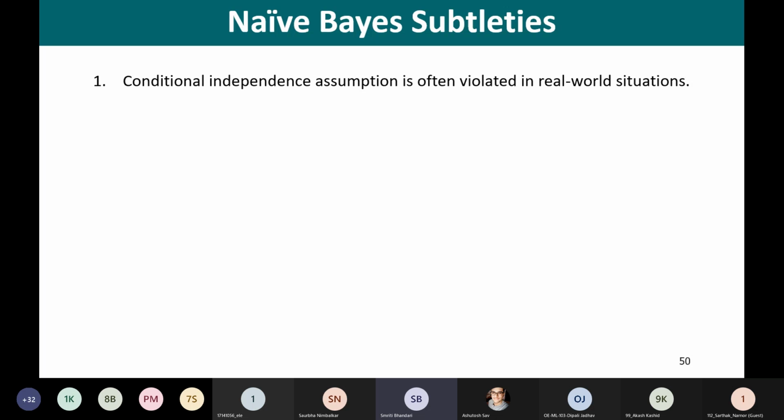In fact, in real-world situations, this independence assumption is not generally correct.